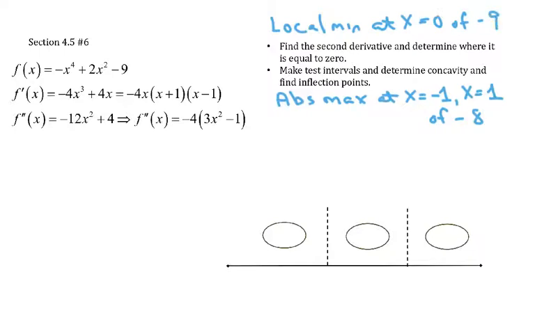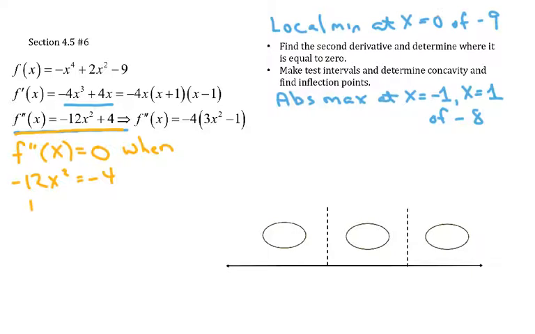Okay, now we are going to find the second derivative, which I have done here. You use this form of the first derivative and find the second derivative. So I want to know, when is this equal to 0? I'm going to do something a little different this time. This equals 0 when negative 12x squared equals negative 4, or 12x squared equals 4.